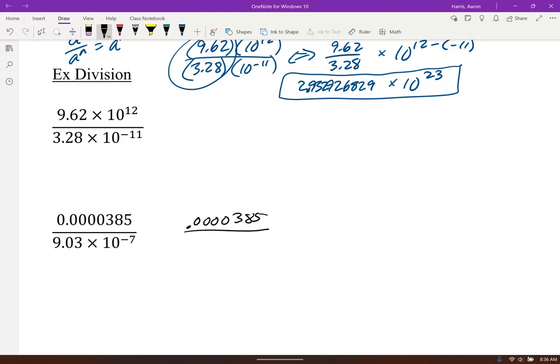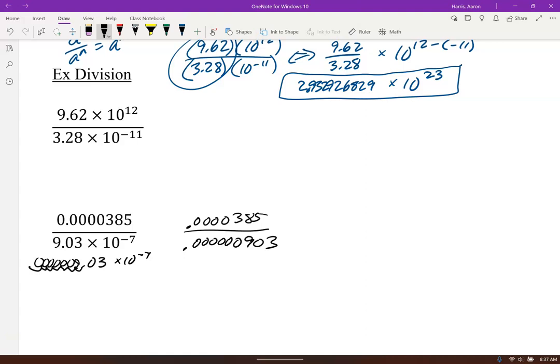Let's go ahead and move this left 7. 9.03 times 10 to the negative 7. So let's move it left 7. And now let's go ahead and just divide these two.